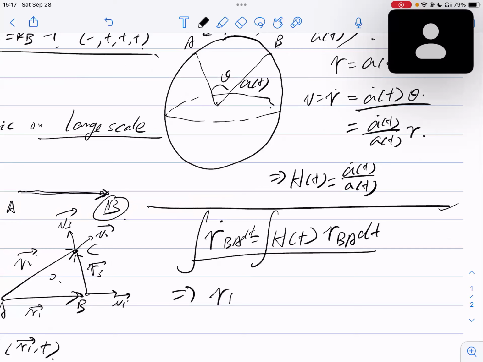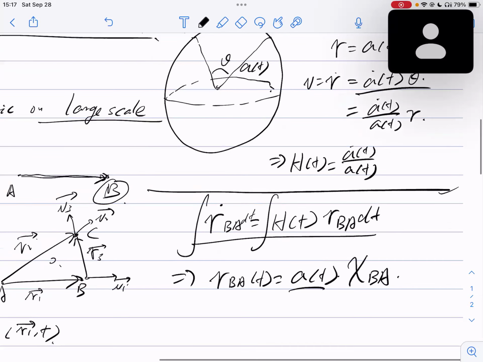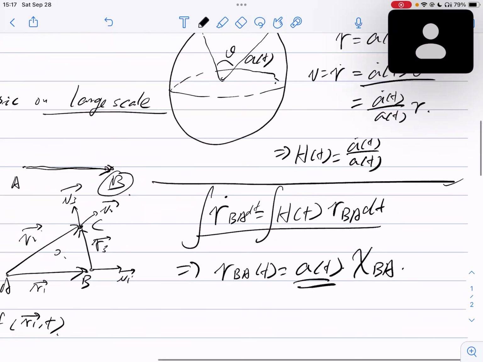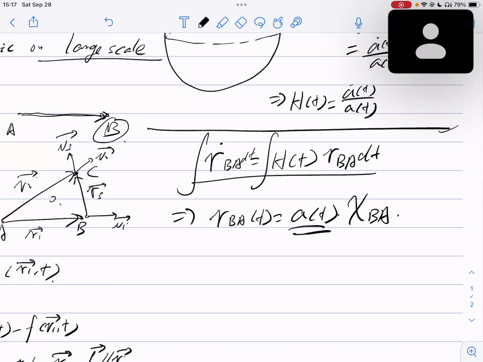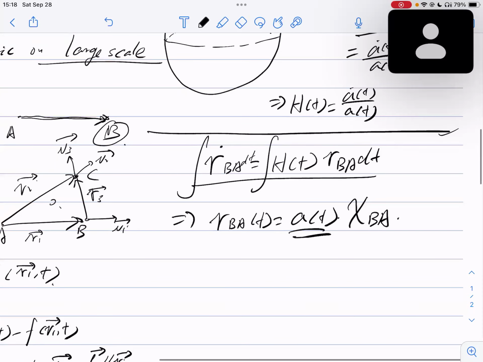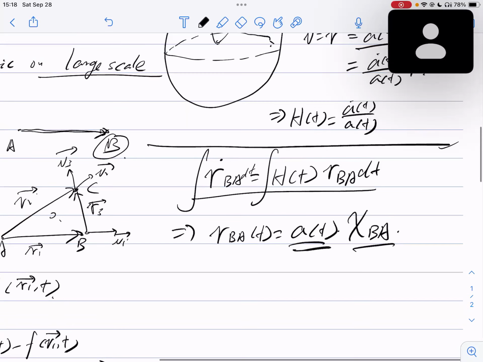Yeah, and now we will obtain R_BA(t) equals a(t) chi_BA. Well, this a(t) is the analogy with the above radius, but in the three-dimensional expanding space, it can be chosen arbitrarily, and this chi_BA is called the co-moving coordinate of the point B with respect to A if we center a coordinate at point A.